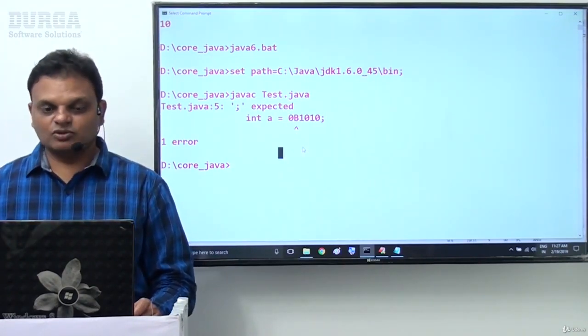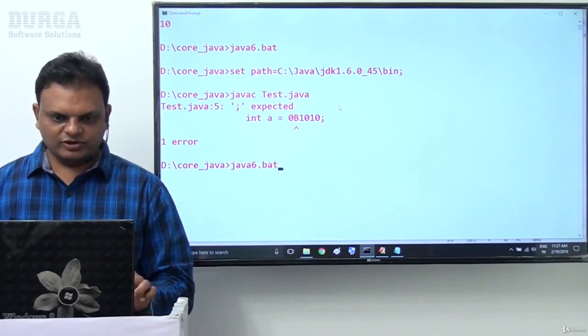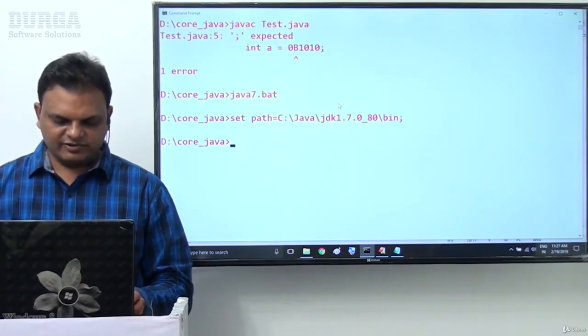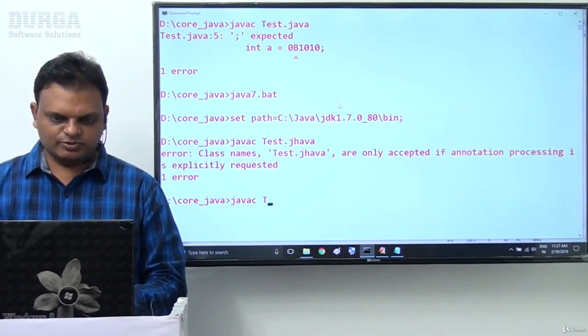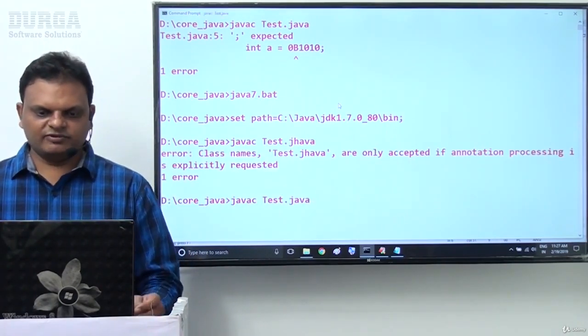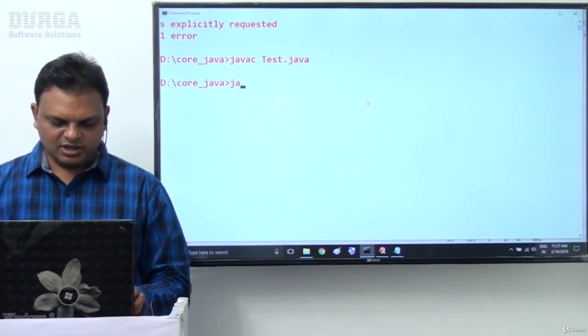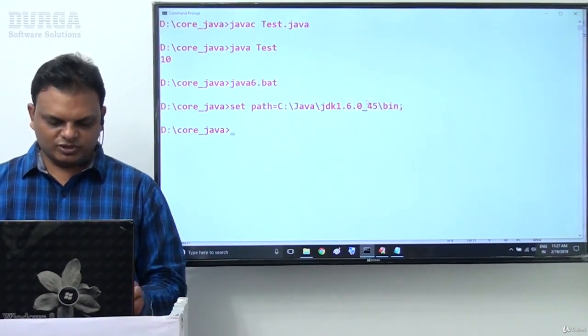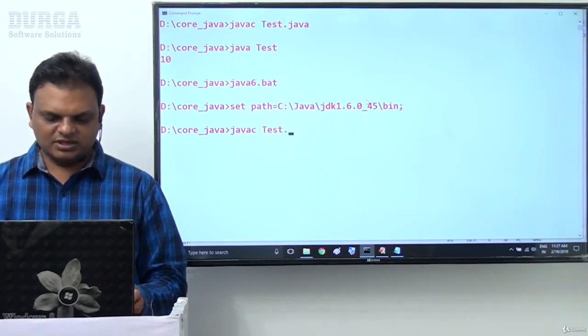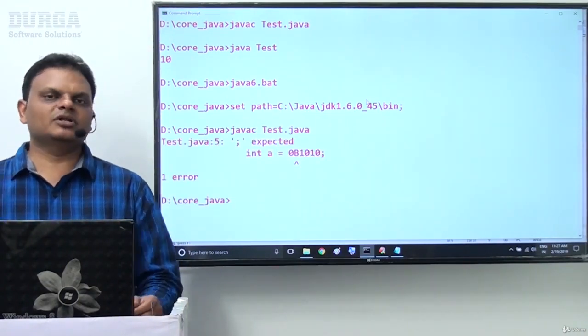So what is the conclusion here? Same program: if we use Java 7 version, Java C space test.java gives no compilation error, and Java space test gives 10 as output. But when we use Java 6 version, Java C space test.java gives a compilation error. So what is the meaning?